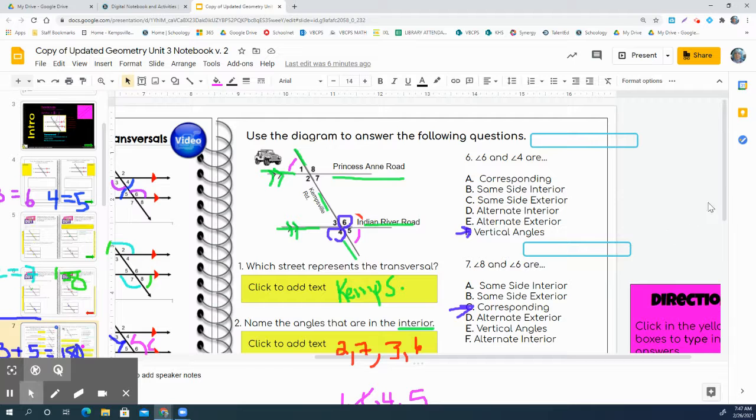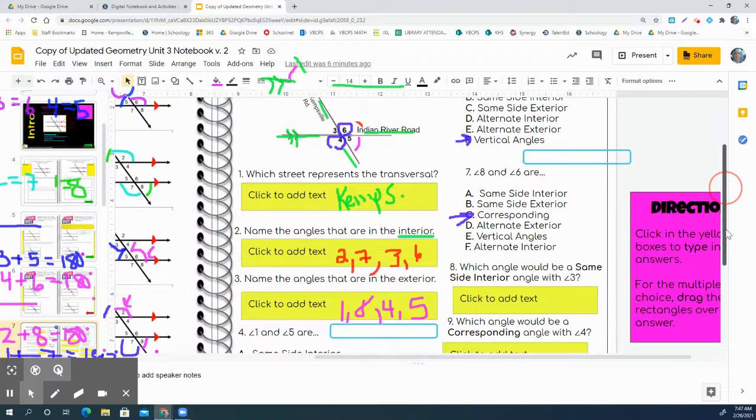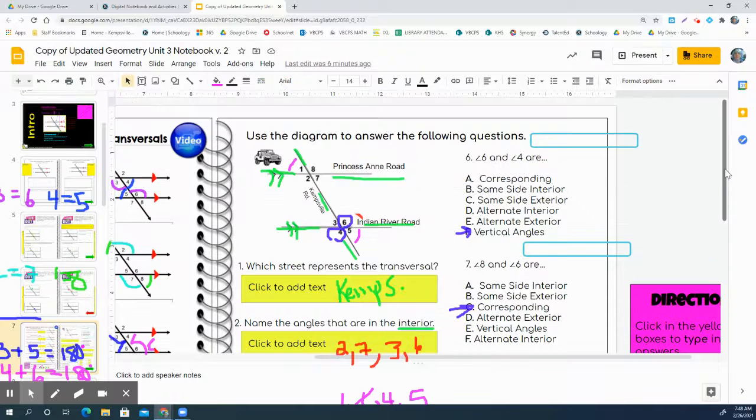What is the next question? Which angle would be same side interior to 3? Same side interior to 3. So I've heard 4, 6, and 2.